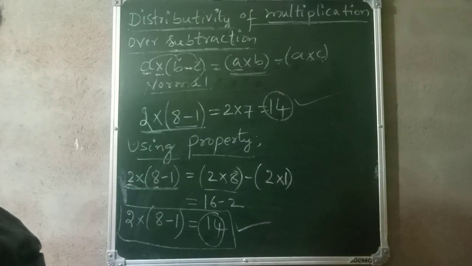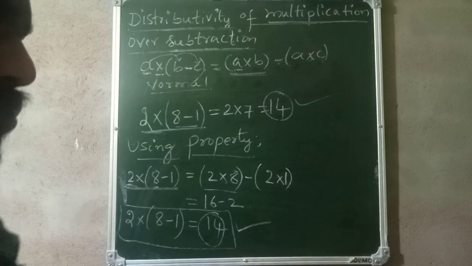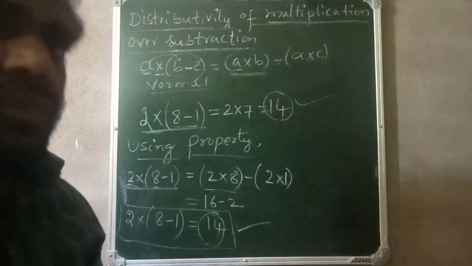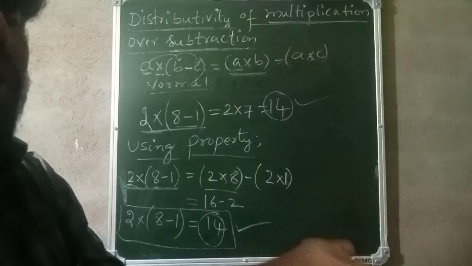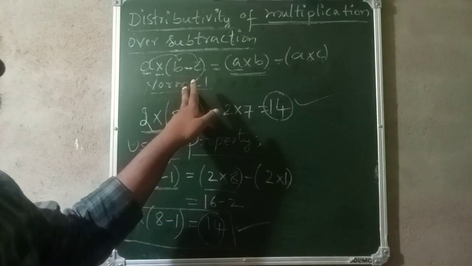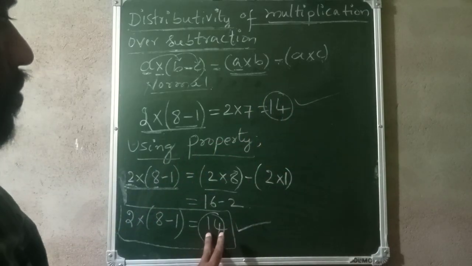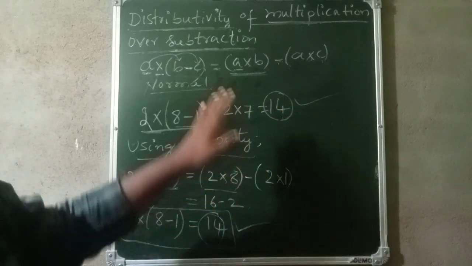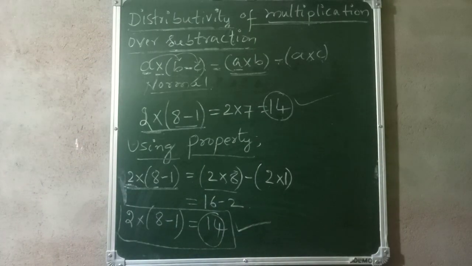So that means this property is correct. We verified that this equation or property is correct. Why? Because through normal multiplication and using the property we got the same answers. So that's why this is correct.